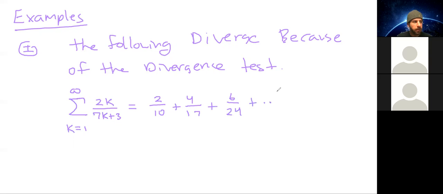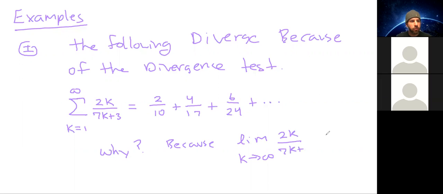This guy diverges. So why does it diverge? Well, if you take the terms and ask what happens to their limit as k goes to infinity, this limit is not 0. It's 2/7, which is not equal to 0.